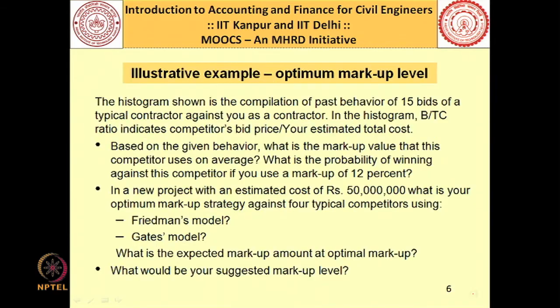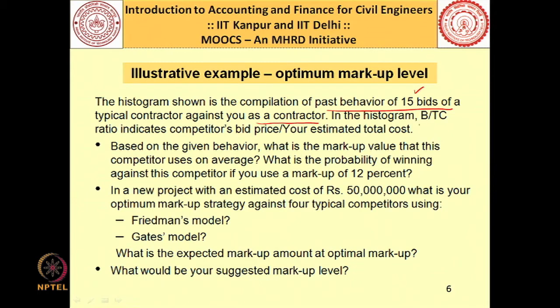Now, we try to explain these steps with the help of one small example. In the example I am given a histogram, which is nothing but the compilation of past behavior of 15 bids of a typical contractor against you as a contractor. So, you are the contractor and you have the past data of 15 bids against a typical contractor.